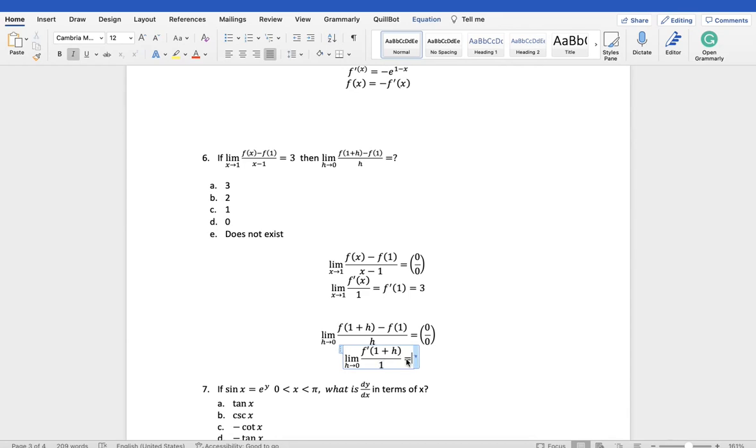And as you substitute the value of h, it's just equal to f prime of 1 plus 0, which is f prime of 1, which you already found was equal to 3. So the answer should be 3.